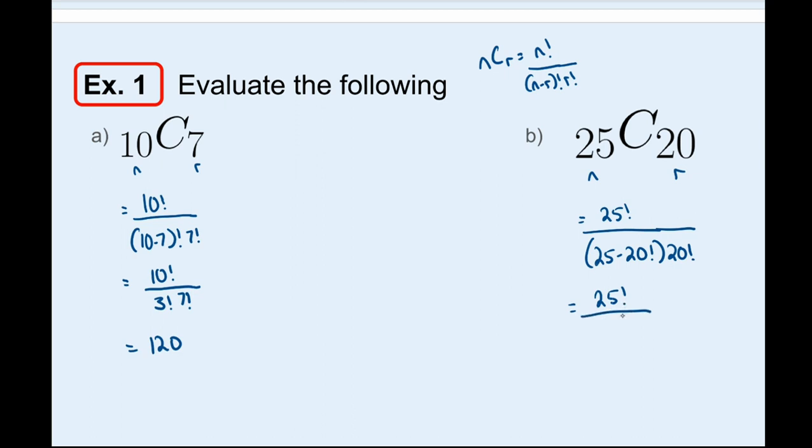That's 25 factorial over 5 factorial times 20 factorial, which works out to 53,130.